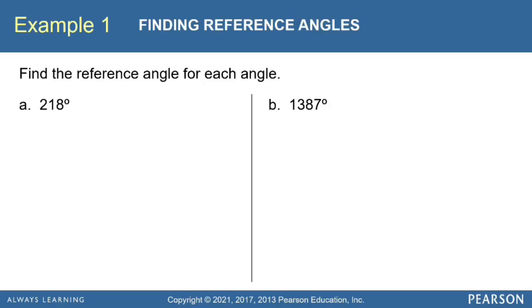So here in example 1, we are going to practice finding and calculating a couple of reference angles. So it says find the reference angle for each angle. And you know, a sketch always helps. So here in part A, our angle is 218 degrees. So let's draw ourselves a little coordinate system and then draw a 218 degree angle or something to represent it.